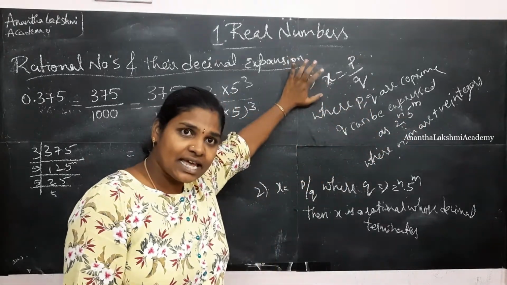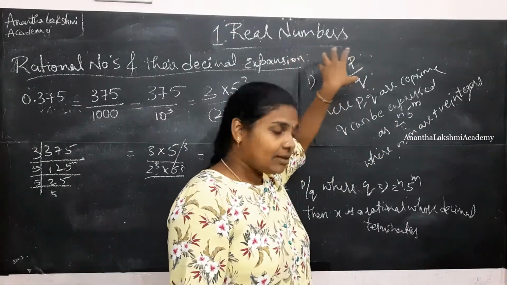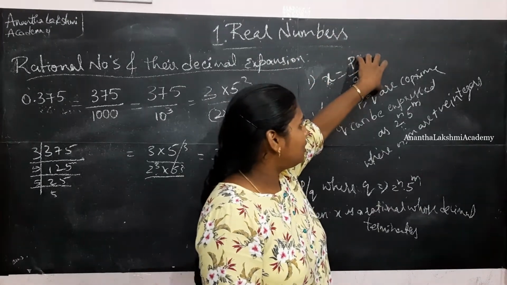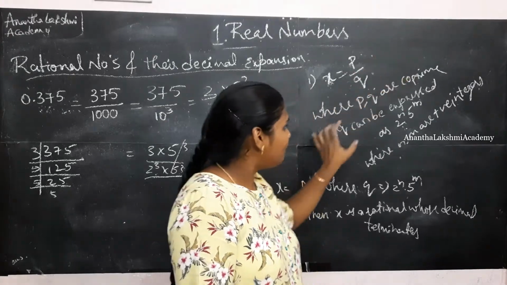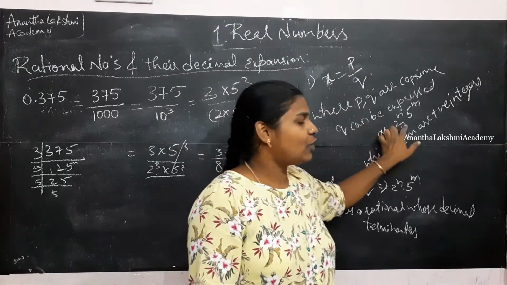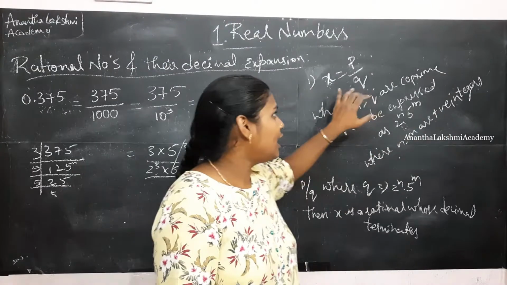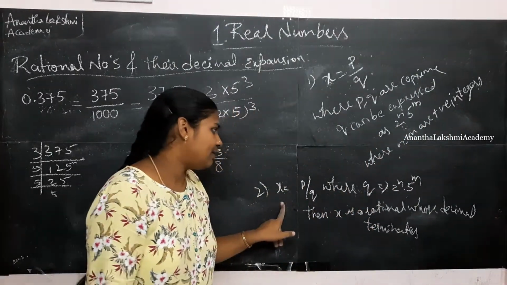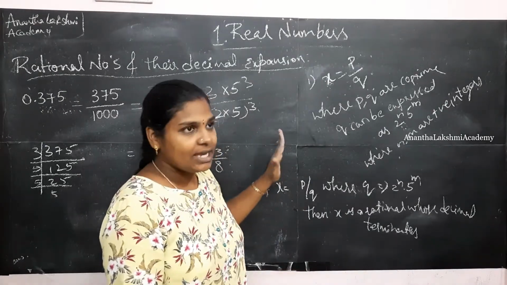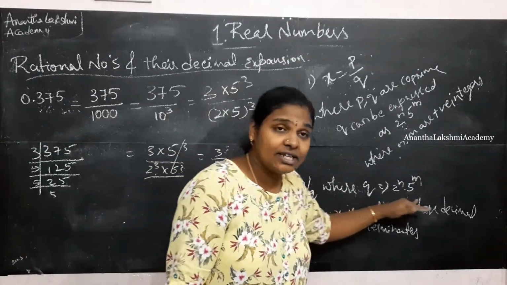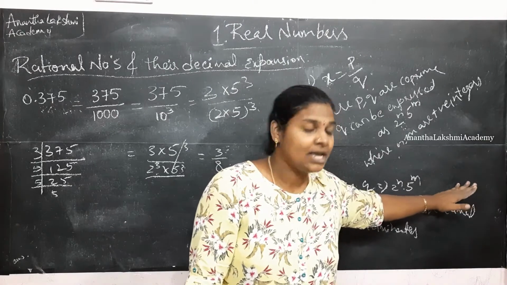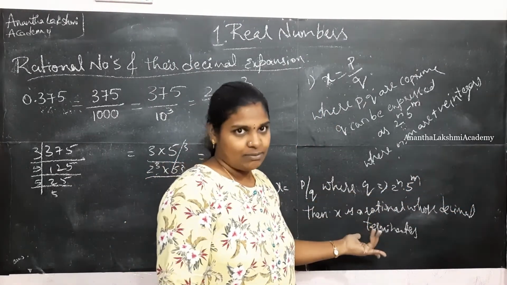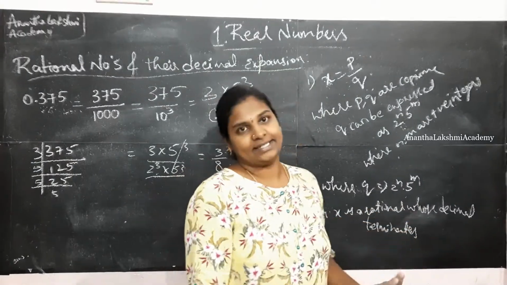In the first theorem, they are saying that a rational number can terminate only when you can write q in the form of 2 power n and 5 power m, and p and q are co-prime. Then the second theorem says that if p by q, with p and q co-prime, can be written with q in the form 2 power n 5 power m, then the decimal terminates.